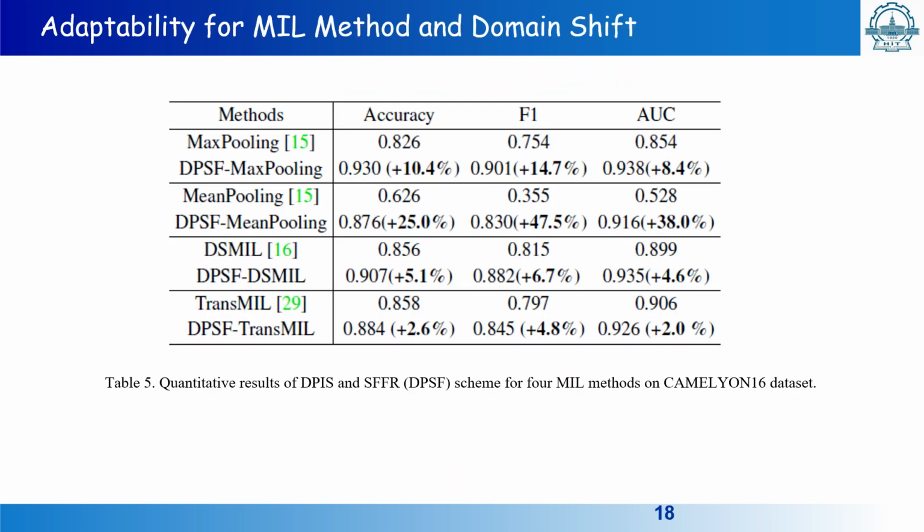We equipped 4 representative MIL frameworks with the DPSF module and evaluated them on the Chameleon 16 dataset. The quantitative results, tabulated in Table 5, demonstrate significant improvements compared to existing results. Extensive experiments have been conducted, demonstrating the impressive performance of our proposed PAML and validating the effectiveness of exploring interrelationships.